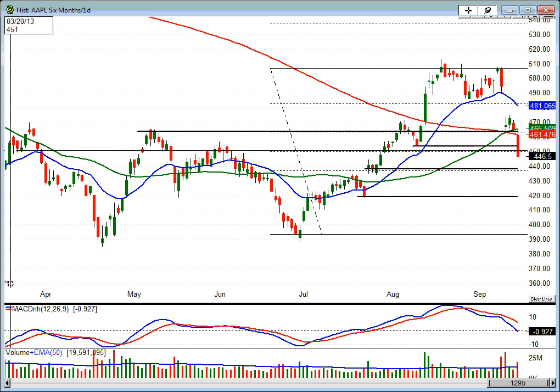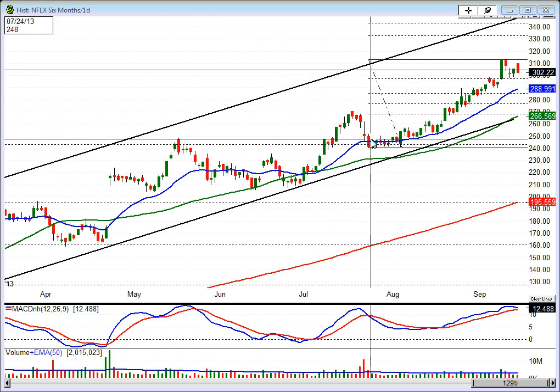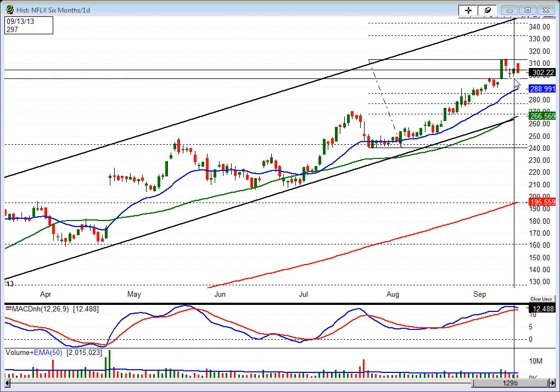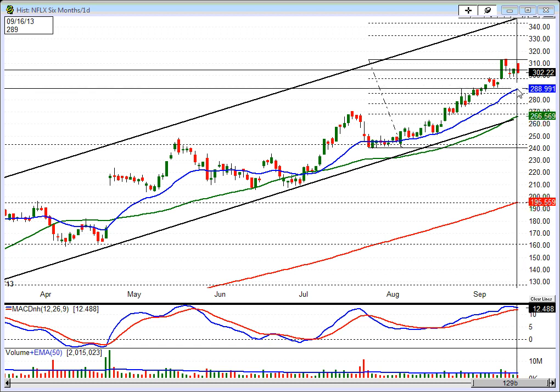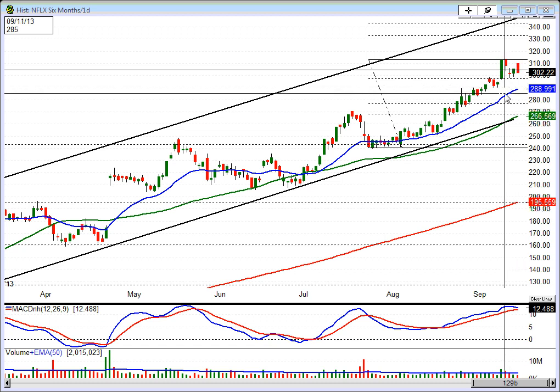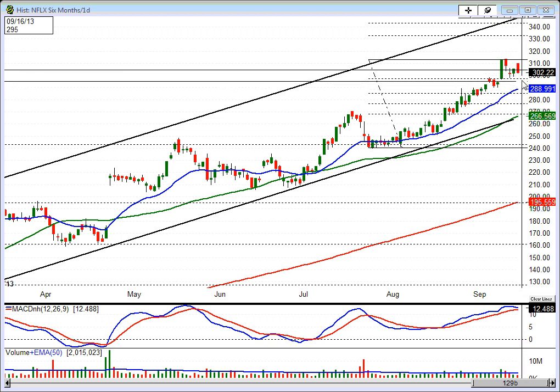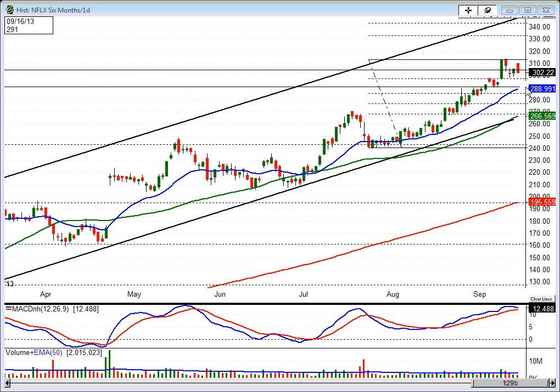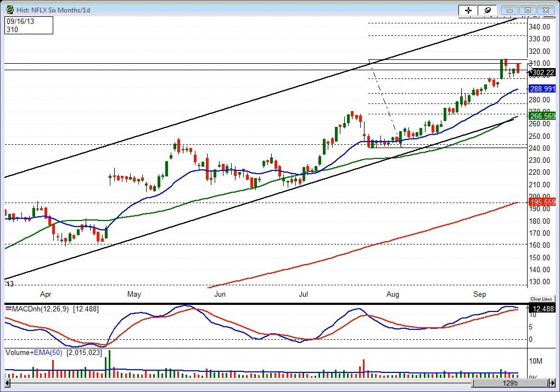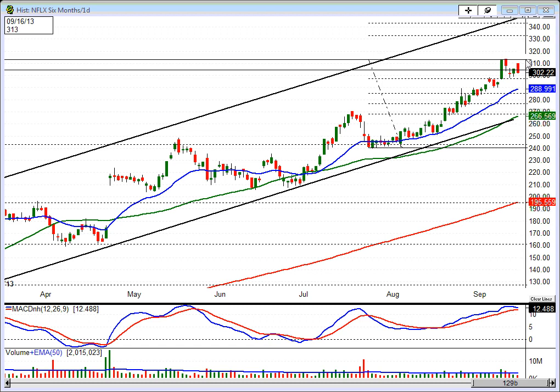Well, anyway, let's take a look at another stock, which is Netflix. Netflix also took a hit today, and it came down. But we were talking about expecting that maybe it would come down to possibly this 618 retracement on the fib, to get it down near the 20 EMA, and that might be a good pullback for it to bounce off and then get back up above this breakout at this 313, 314 level here.